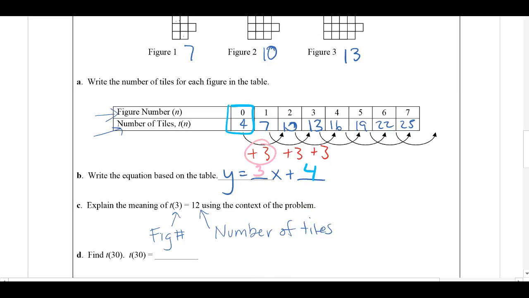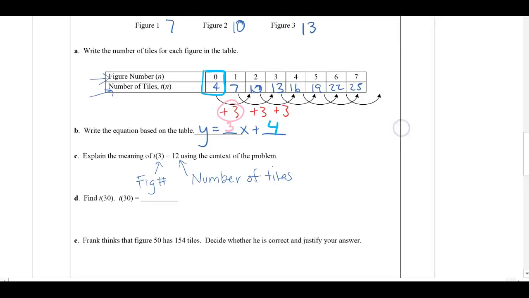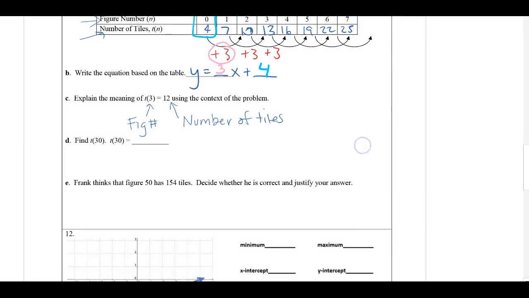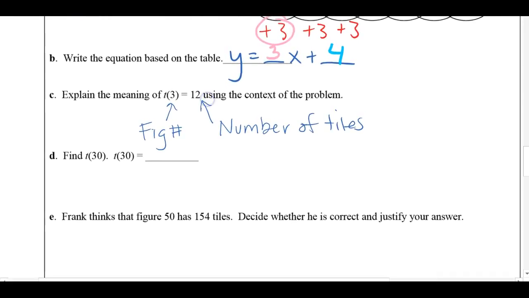Now the next question says, find t of 30. So in other words, the input, or the figure number, is 30, and we need to find the output, or the number of tiles for figure 30.